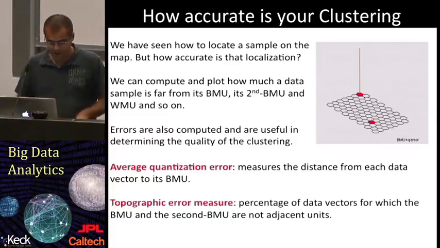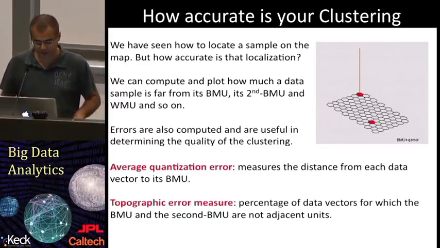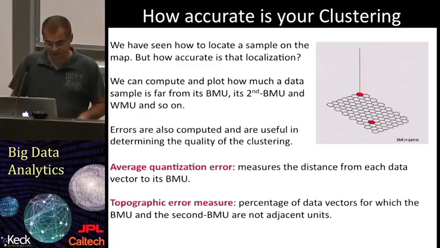The average quantization error measures the distance between each data vector and its best matching unit. Like in the figure on the right, the straight line is the quantization error of that data point. And you can see that the sample on the top has a very, very high quantization error, and so its localization is not good.